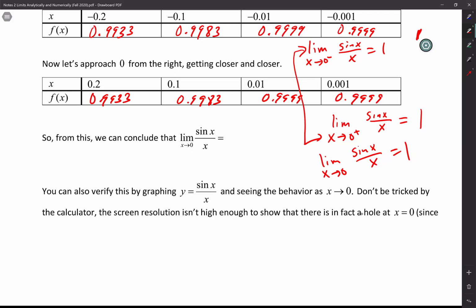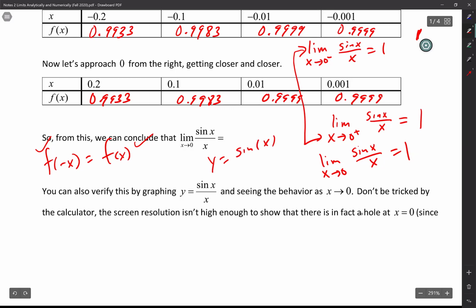Here's what I'm trying to say. This is the property of an even function: if I type in a negative value, so yes, there is. If I were to tell you y equals sine x over x, is this even or odd? Here's how you tell.